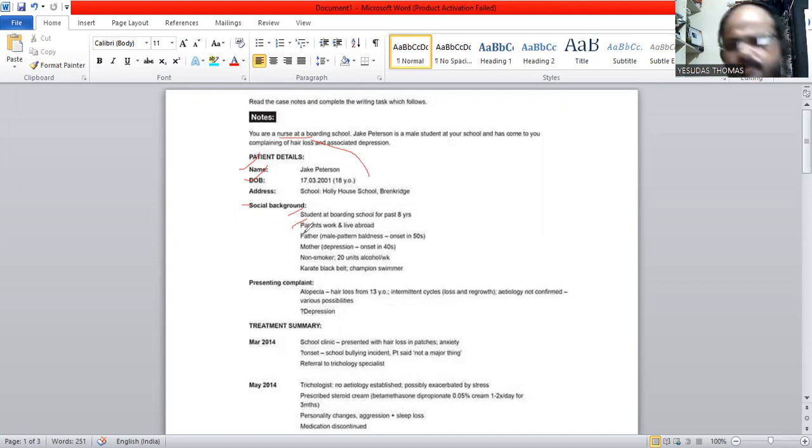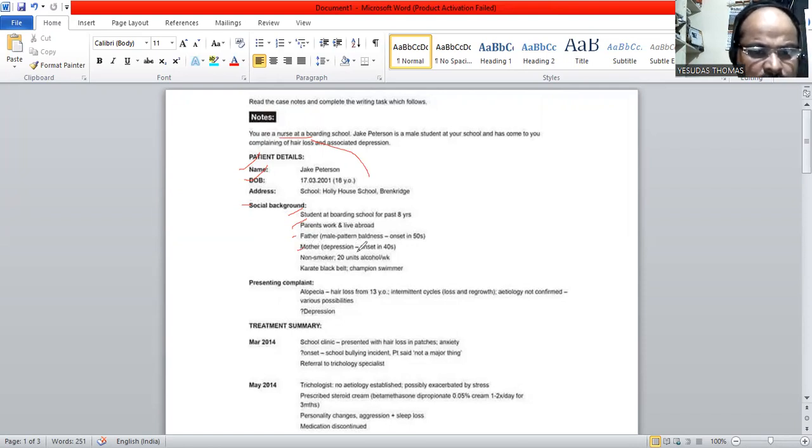He's been transferred to the university from the boarding school itself, so it's understood. A father with male pattern baldness in his 50s is quite natural after middle age, so I don't think that's relevant either.